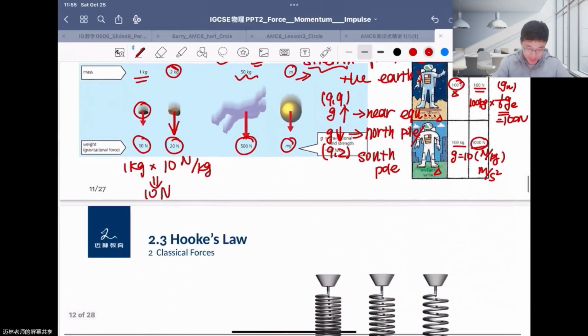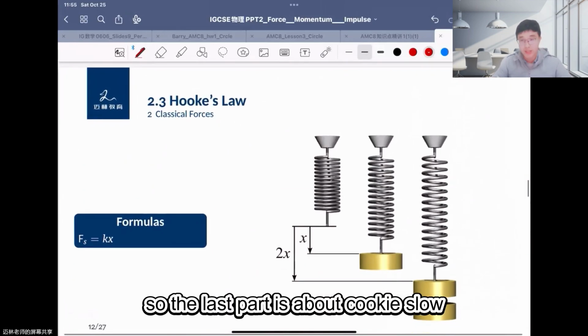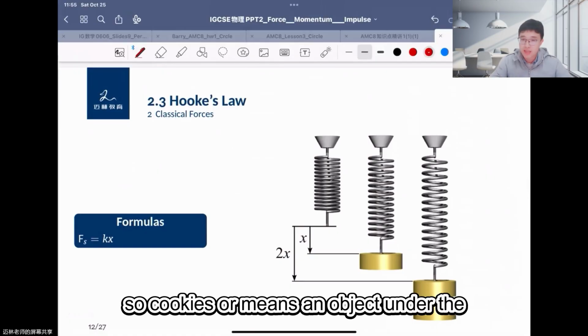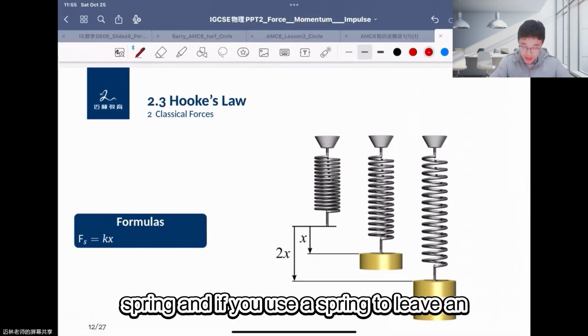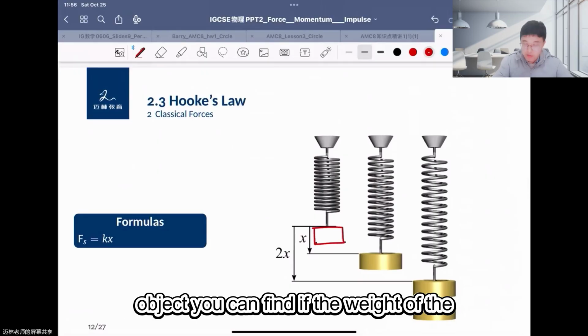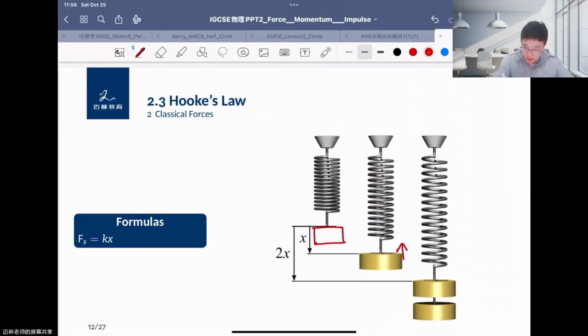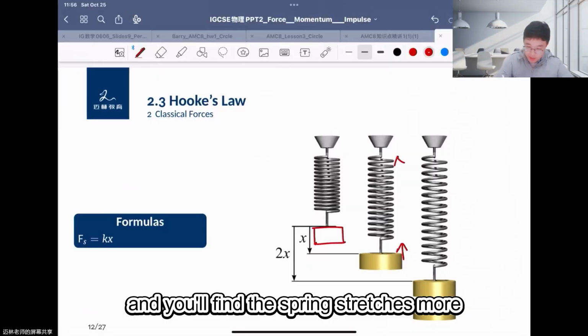Okay, so the last part is about Hooke's law. Hooke's law concerns an object hung from a spring. If you use a spring to lift an object and the weight of the object becomes heavier, you can find the spring stretches more.